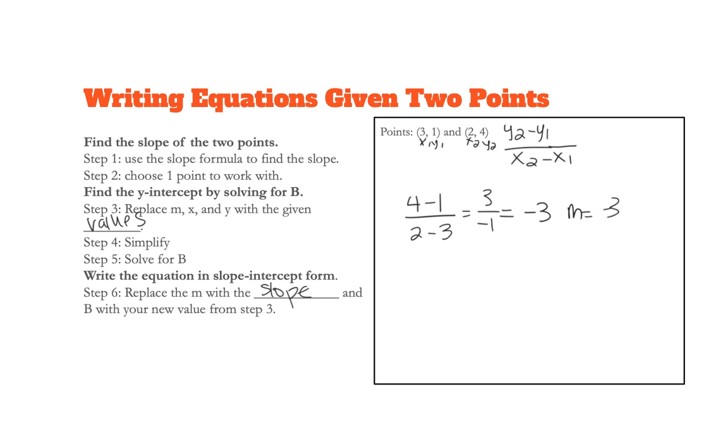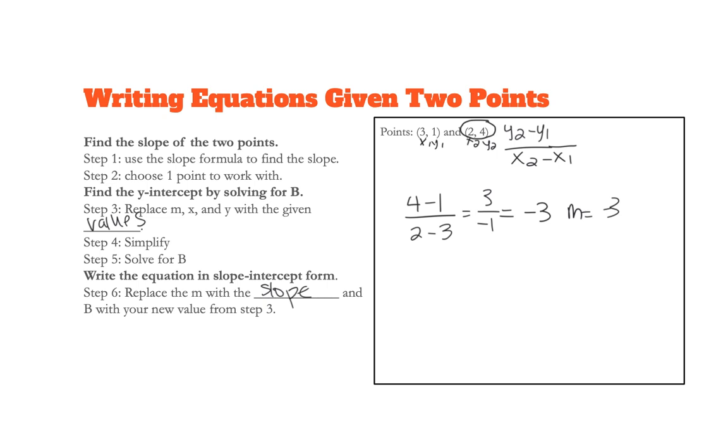That is something we will need for the next part of the problem. Okay, now we are going to pick a point, and in this case, I'm going to pick 2 and 4 to use. You can use 3 and 1. It will give you the same answer when we are done completely.